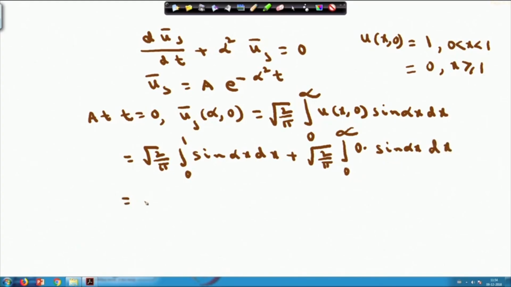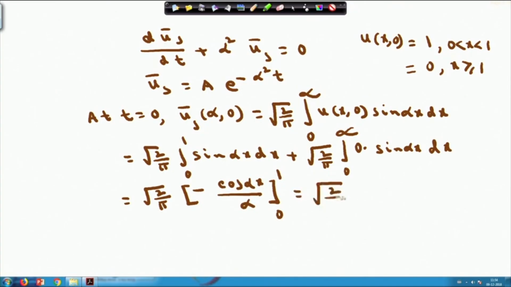The integration of this is root over 2 by pi into minus cos of alpha x by alpha, between 0 and 1. If I put in the values, I will obtain root over 2 by pi times 1 minus cos alpha divided by alpha.